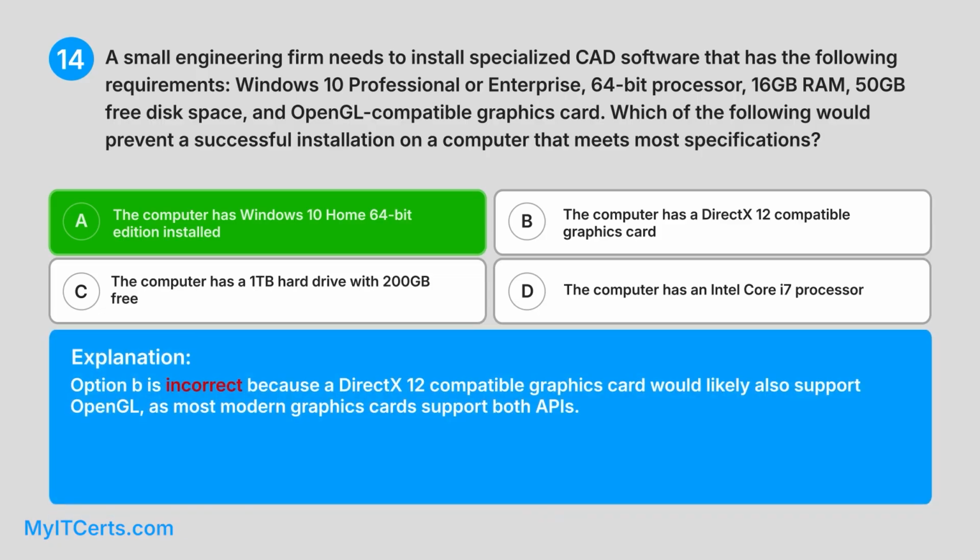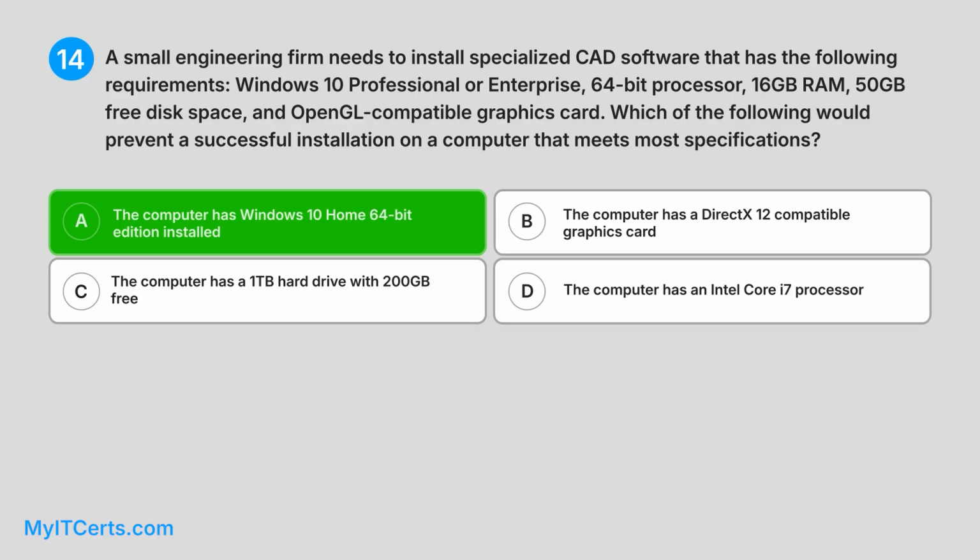Option B, the computer has a DirectX 12 compatible graphics card, is incorrect, because a DirectX 12 compatible graphics card would likely also support OpenGL, as most modern graphics cards support both APIs.